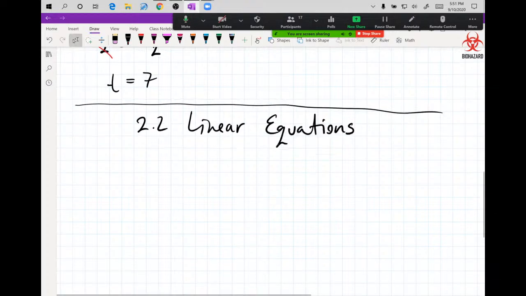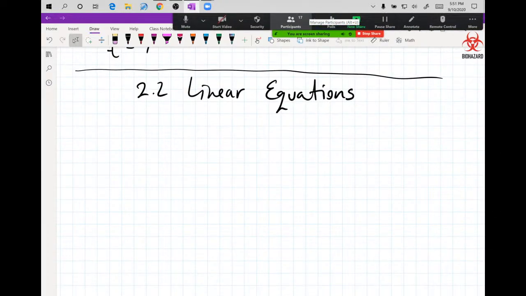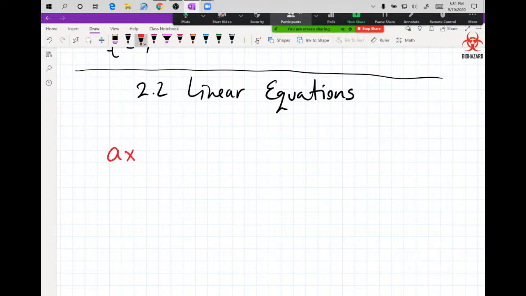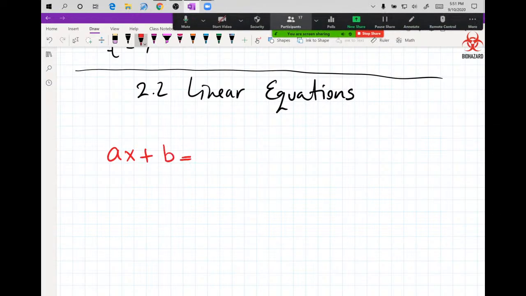Now we are just going to take a look at a linear equation in one variable, which is of the form, I'll write that as a definition, ax plus b equals 0, where a is not allowed to be 0, otherwise you would kill the variable and you would just have number b equal to 0, which would force b to be 0, and there's no equation there.